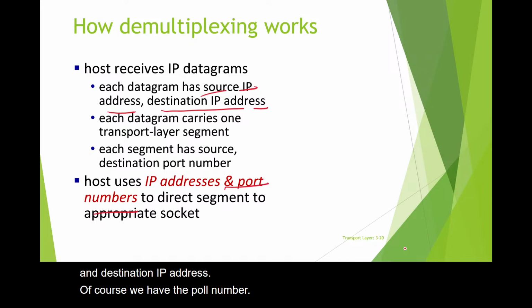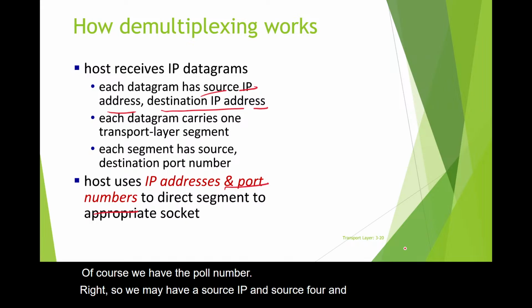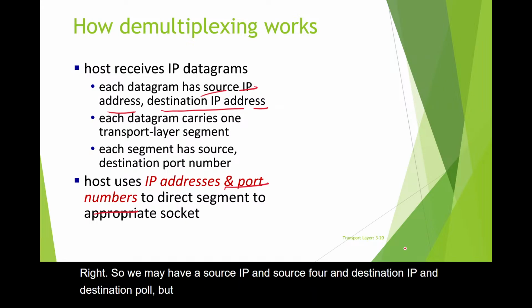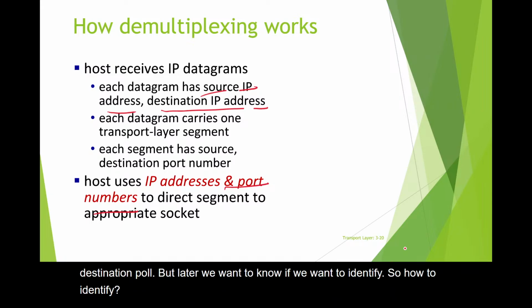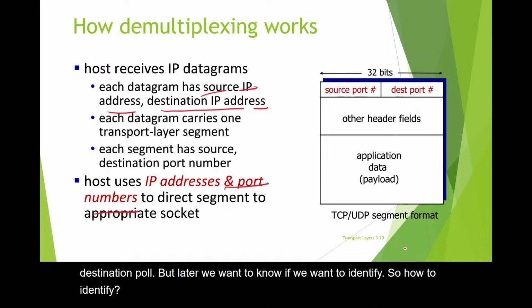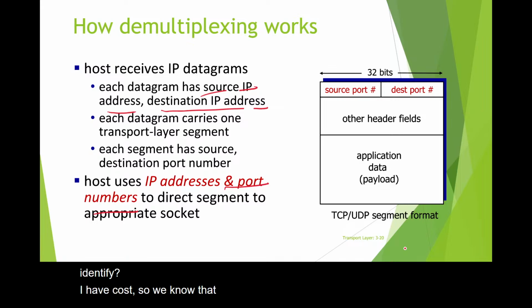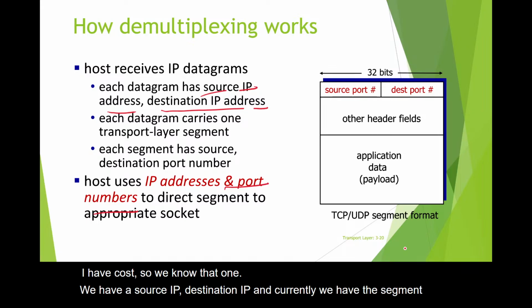So we may have a source IP and source port, and a destination IP and destination port. But later, how do we identify? We have a source IP, destination IP, and currently we have the segment here, the TCP or UDP segment format.